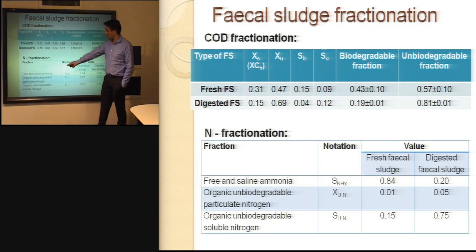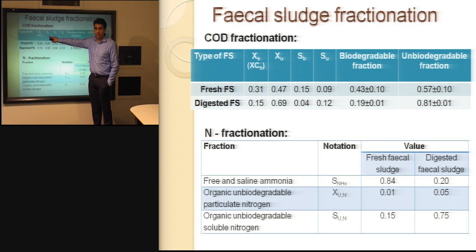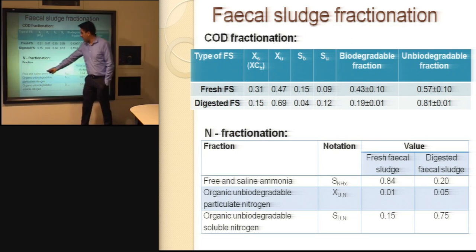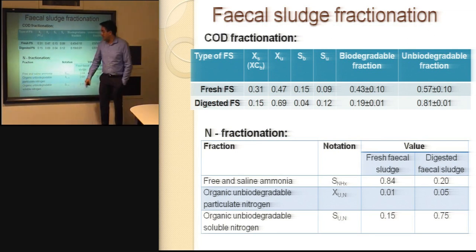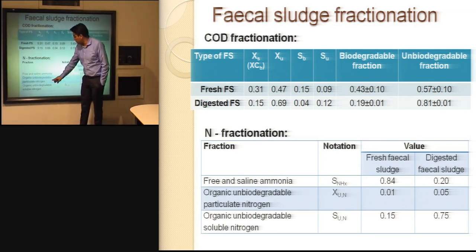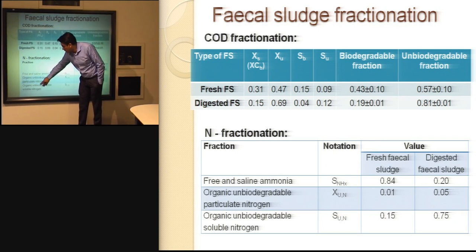These compounds will behave in a similar manner to the organics, with free and saline ammonia available to microorganisms, either to be oxidized or to be used as part of the nitrogen requirements, while the unbiodegradable soluble or particulate fractions, since they are not degradable, will either accumulate in the system or flow through the system without being removed.